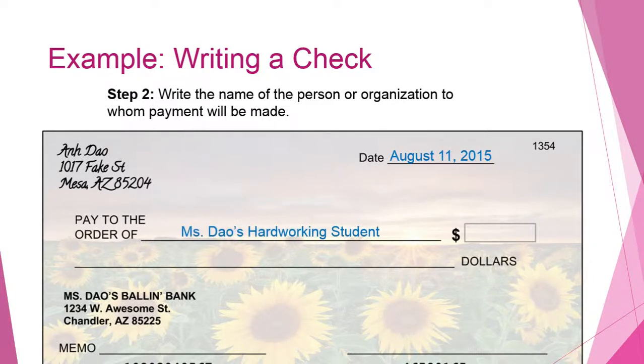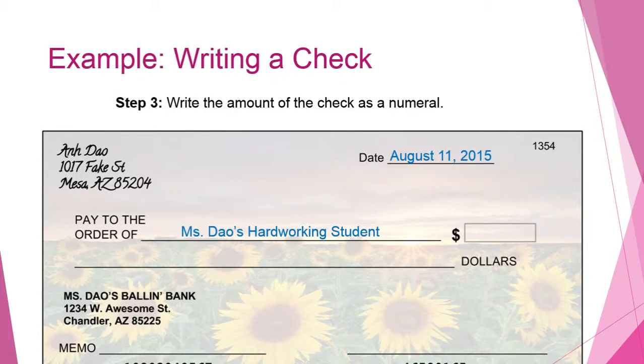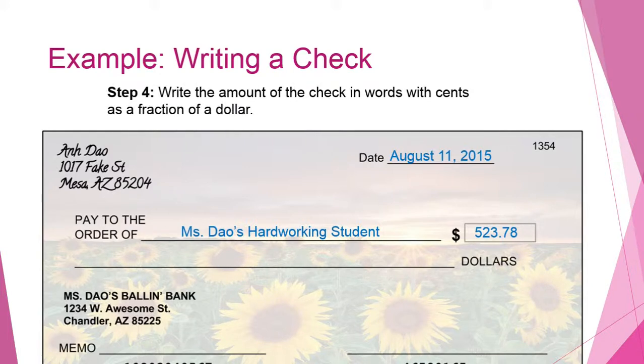So I am writing a check to one of my hardworking students. The third step is to write the amount of the check as a numeral. So that goes in this little box to the right side, and I put $523.78. So the next step is to write it out in words, and keep in mind cents will be written as a fraction of a dollar.